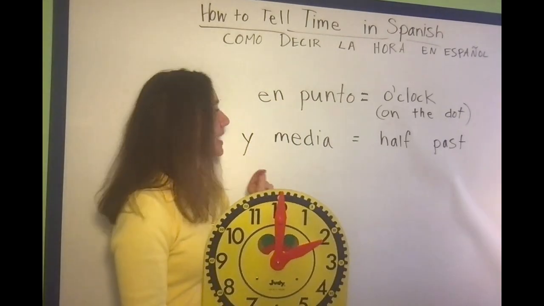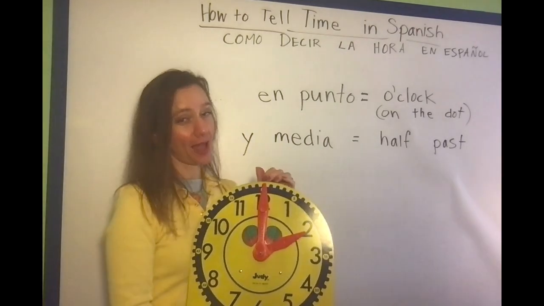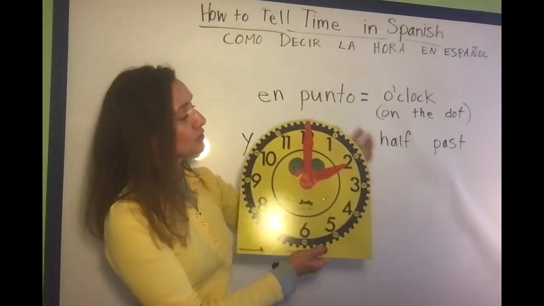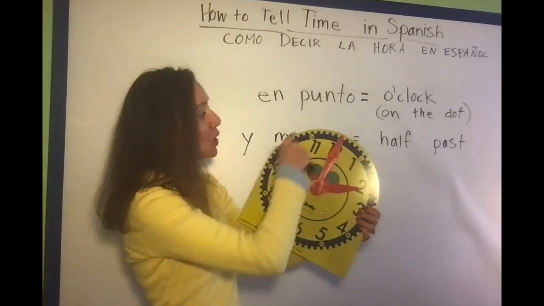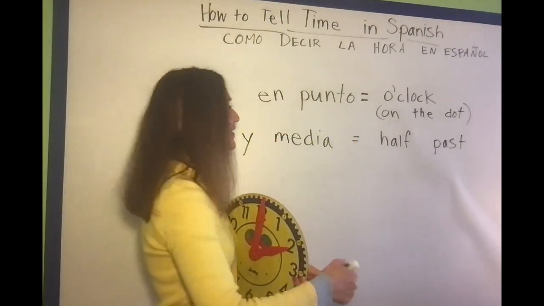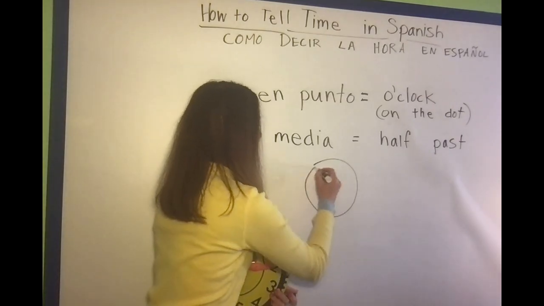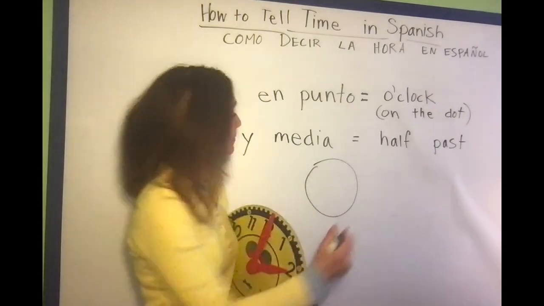If you want to say half past, so let's think about 2. Now we got to think about math class a little bit. We have this whole circle, okay? So we got a circle. Half the circle would be how much?